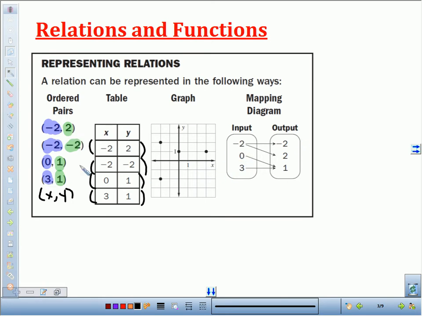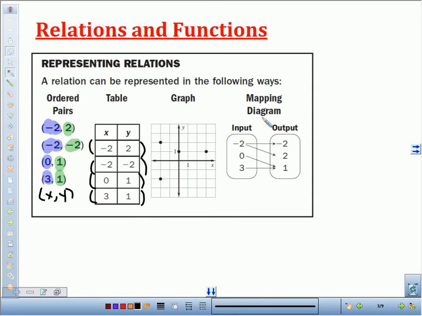And the same thing over on the output, the Y values. The -2 here, the 2, and the 1. The 1 value is repeated on my ordered pairs and in my chart right here, but there's only one of them on the mapping diagram.